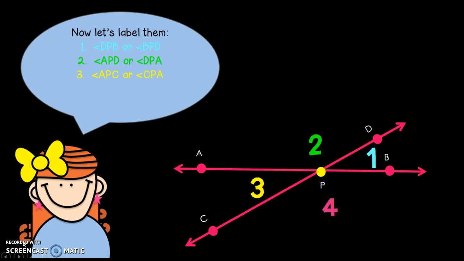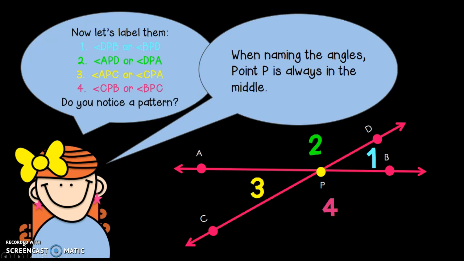Angle 3 can be labeled angle APC or angle CPA. Angle 4 can be labeled angle CPB or angle BPC. Do you notice a pattern? When naming the angles, point P is always in the middle.